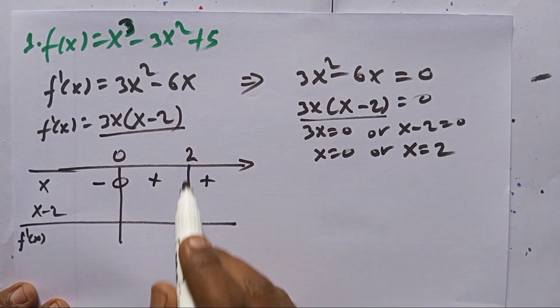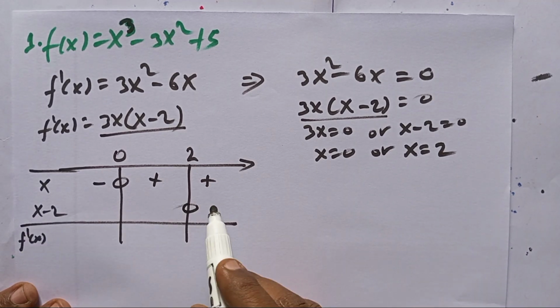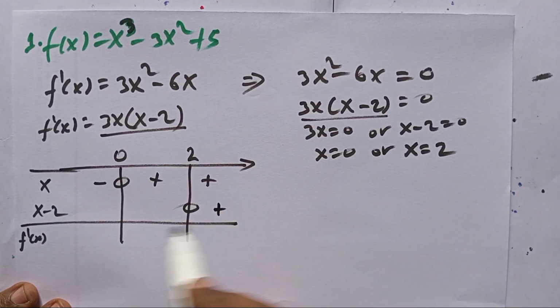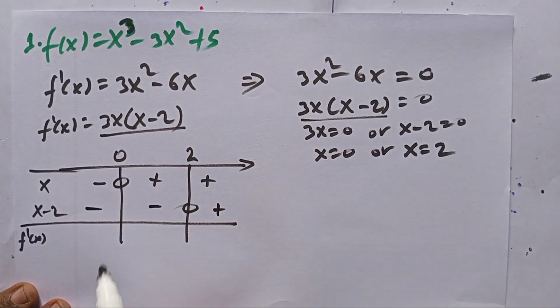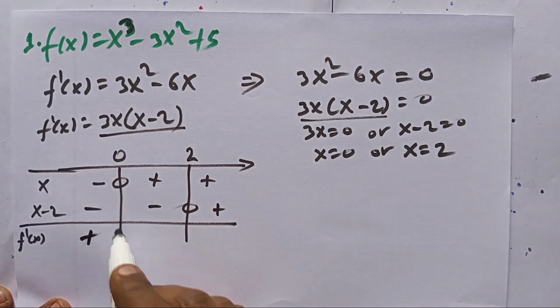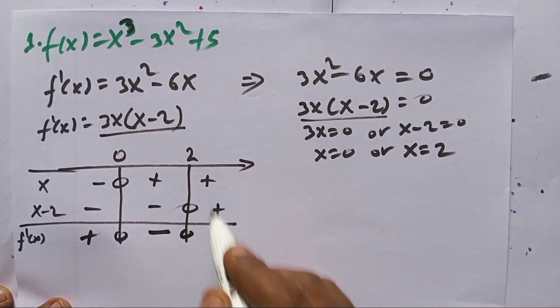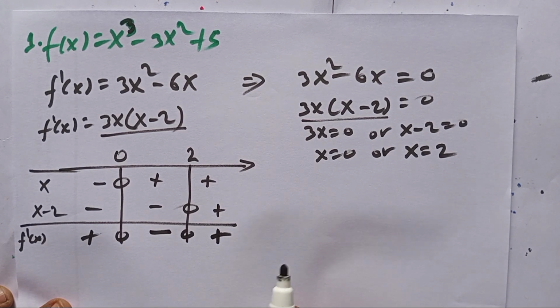Again, x minus 2: substitute 2 in that expression, the value is 0, then take any number greater than 2, which is positive, and less than 2, which is negative. Take the product. Negative times negative gives positive, here 0, then positive times negative gives negative, 0 times 0 here 0, and positive times positive is positive.